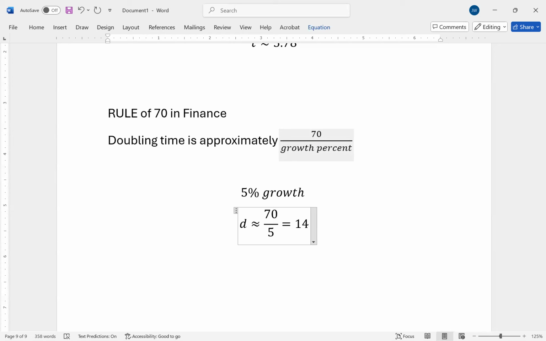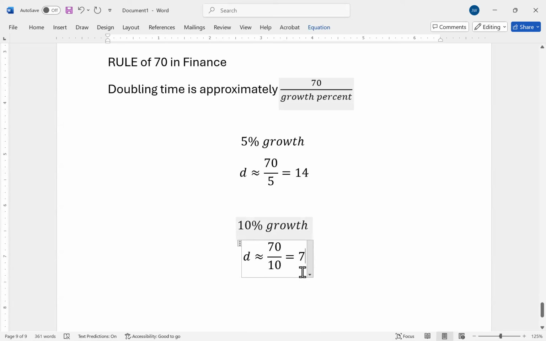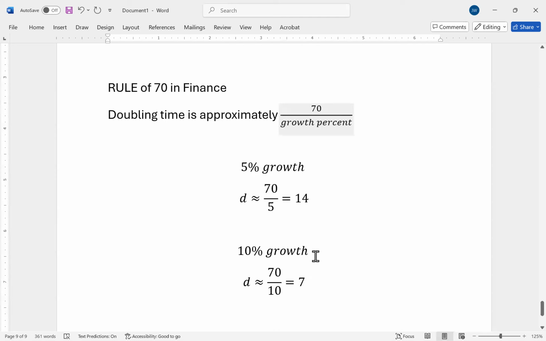Remember what I got from my number was 13.86. If we had 10% growth, the rule of 70 says my doubling time is approximately 70 over 10, which would be 7. Remember what I got is 6.93. So that's a pretty decent estimate.